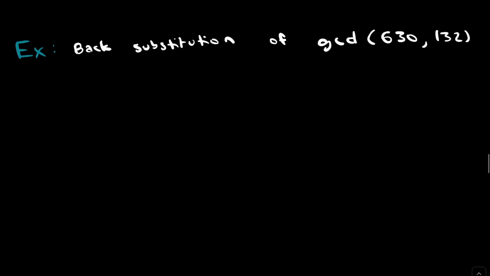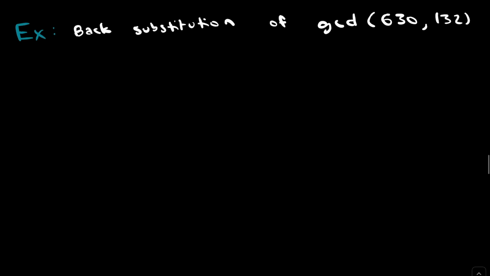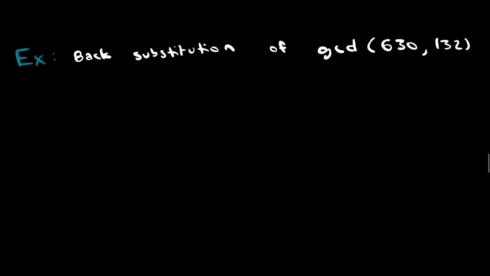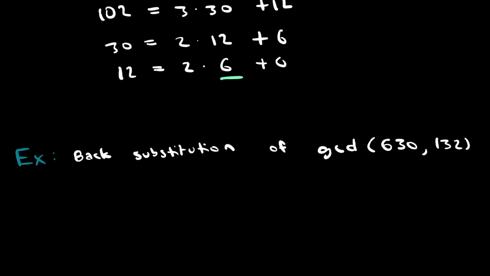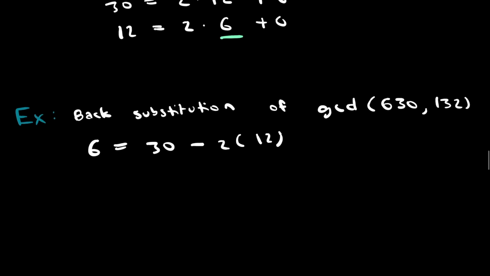Now we have the interesting part, the payoff, which is that we can run the algorithm backward. Starting from the second to last line, 6 is equal to 30 minus 2 times 12. If we do a little bit of rearranging here, we can substitute the previous line's remainder in for each term.